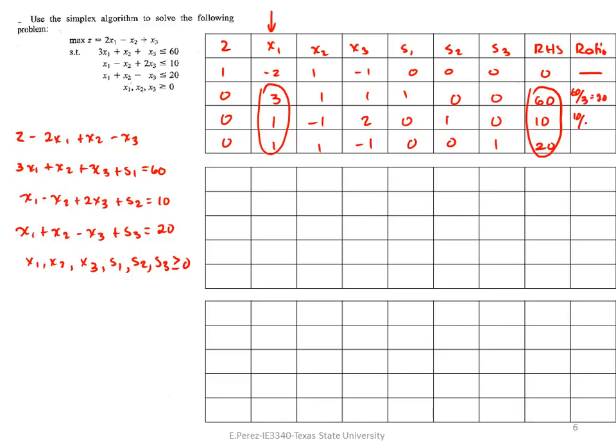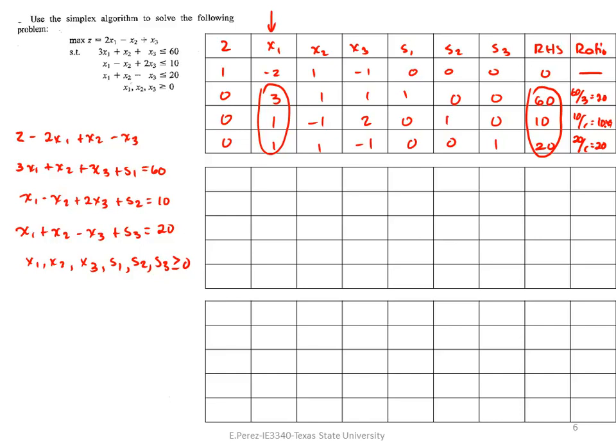We have 10 over 1, this is 10. And we have 20 over 1, so this is 20. So we're going to enter that variable x1 in the second row. Any questions? And the reason is because the ratio tells you that that's the minimum value.